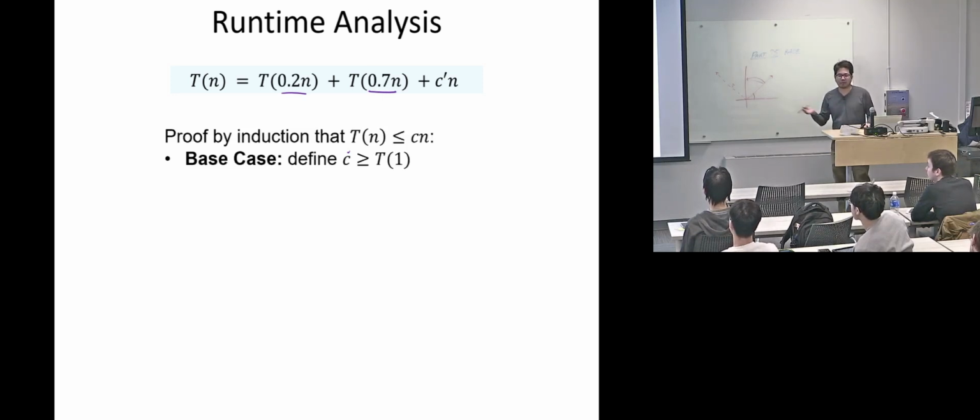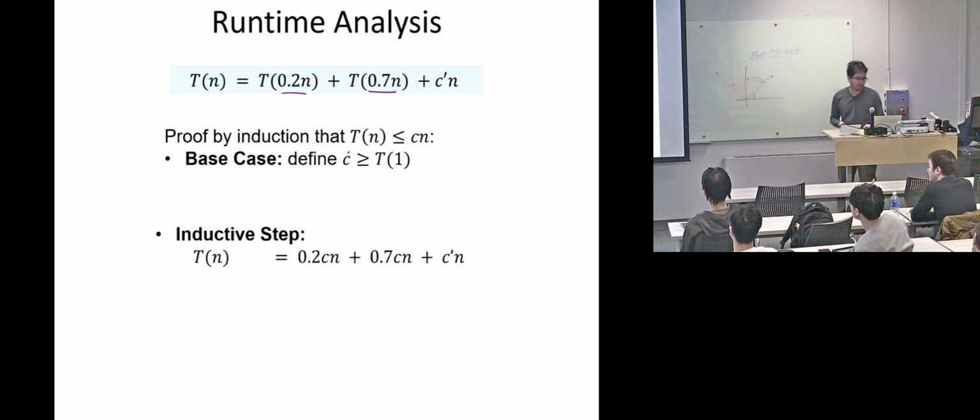It's just the same kind of proof. The base case is good, and for the inductive case you just write it down. This is by induction, and so it equals this one. And I fix this thing to be C prime, and I want to prove that this is at most Cn. This C prime and C are not the same.